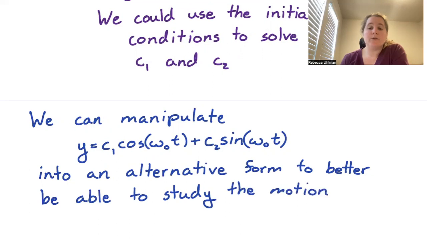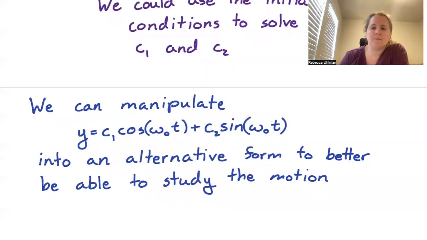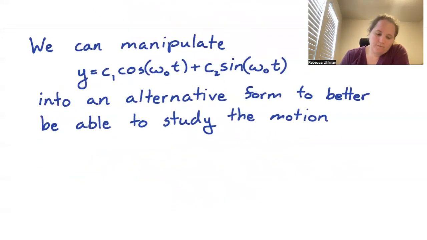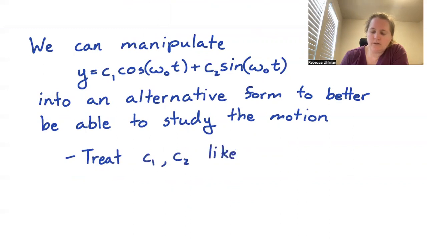So essentially what we're going to do is treat C1 and C2 like x and y and convert them into polar coordinates.